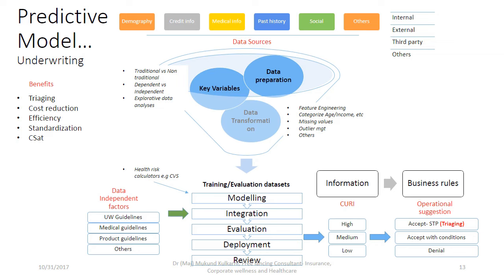What the model can do, and there should be an attempt, is to capture as many official changes to the guidelines in the medical world as possible and integrate them. Model deployment can allow that flexibility much more than a complete underwriting guideline revival or renewal. And of course, product guidelines also.